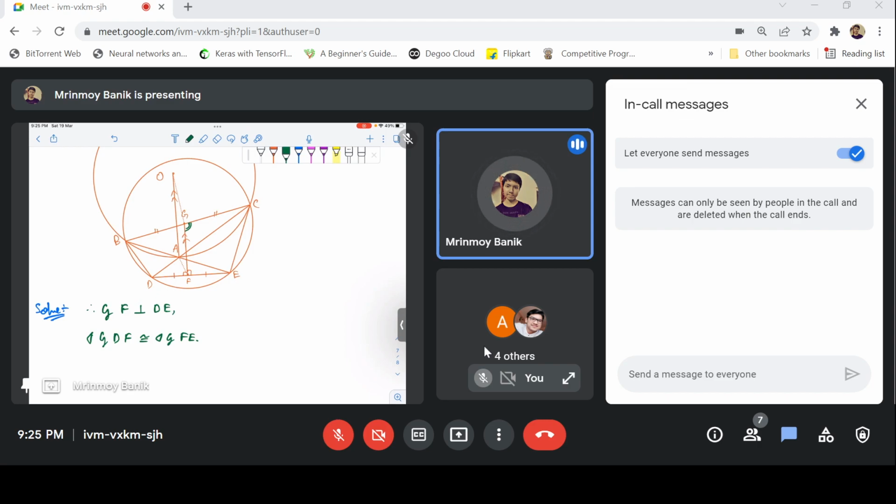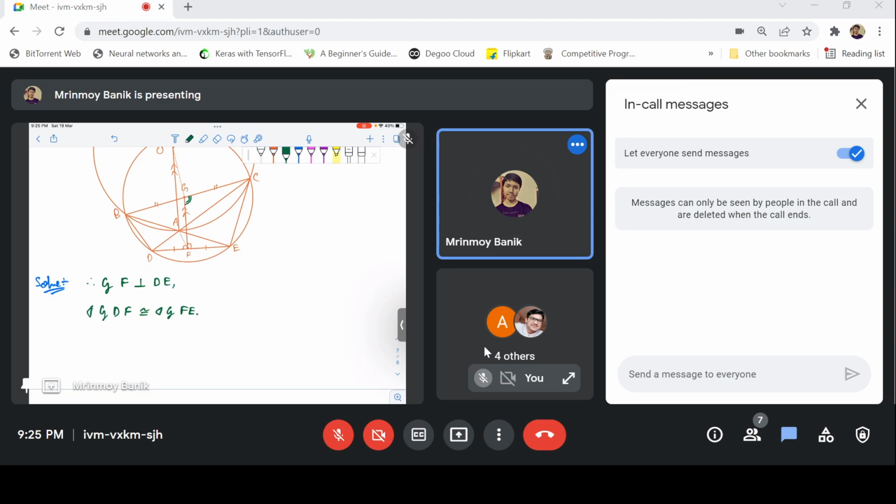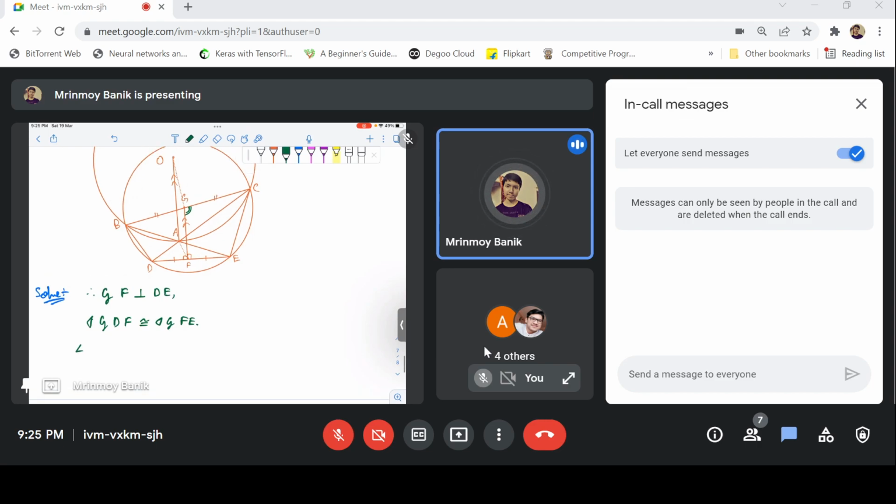So to show these two line segments are parallel, we somehow have to show that the transversal angles on the same side are the same, or they sum up to 180. Sorry.